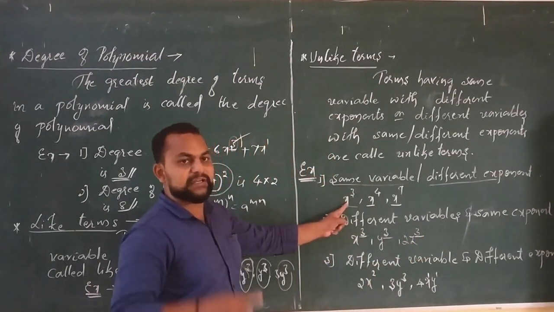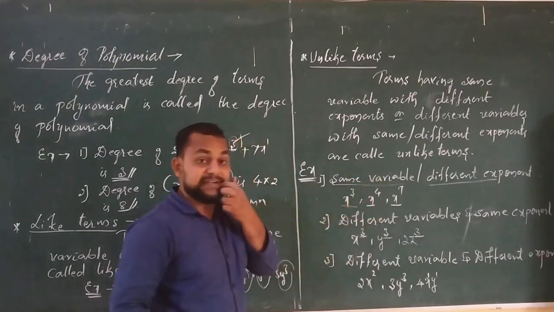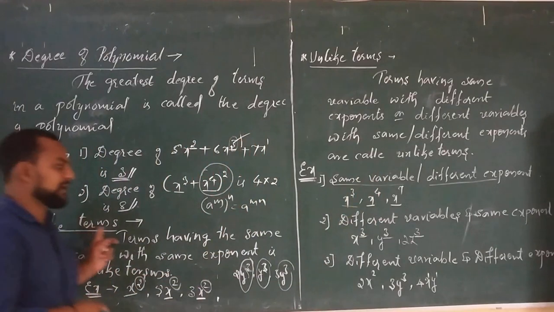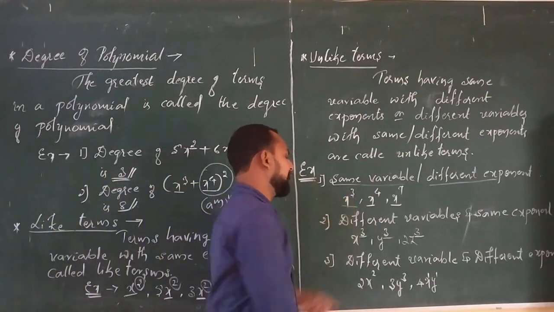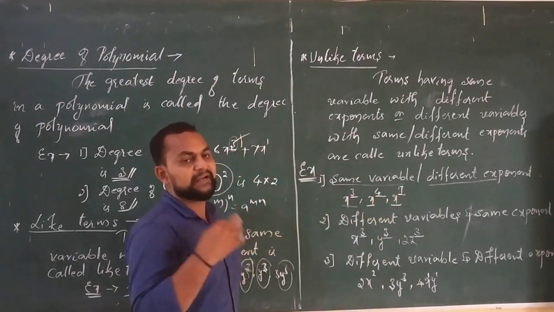Same variable with different exponents is the first condition. Same variable with the same exponent is like terms; unlike terms means the same variable with different exponents, where the powers of the variables are different.